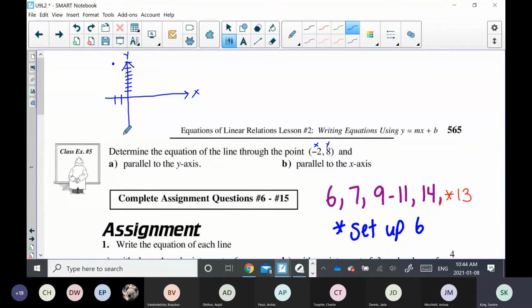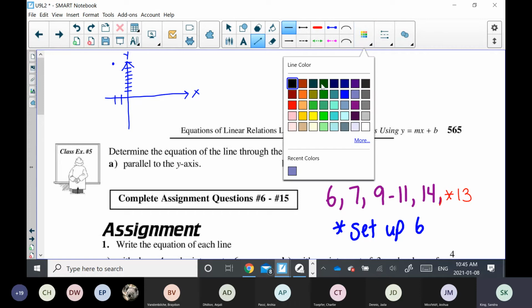Okay, so what the question says is determine the equation of a line that's going to go through this point. And what's a line that we could draw through this point parallel to the y-axis? This is the y-axis right here. They want a line going through this point parallel to the y-axis.